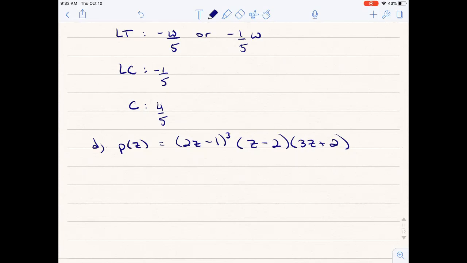Or we can say, well, I know how expansions work, and what I'm going to have is 2z all to the power of 3, and then I'm going to multiply it, right? So you take the highest power from each of these, right? So your z is always on this side here, so you've got 2z to the power of 3 is later going to multiply by z, and then by 3z.